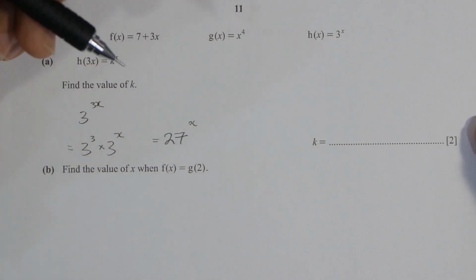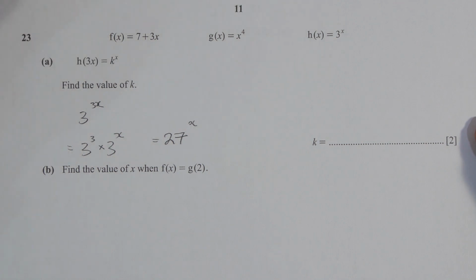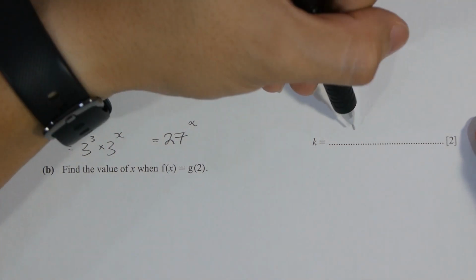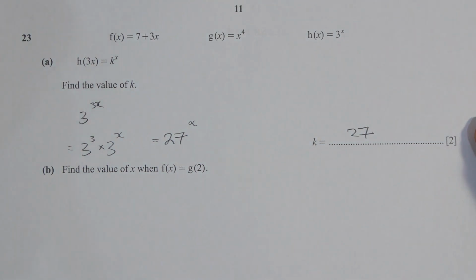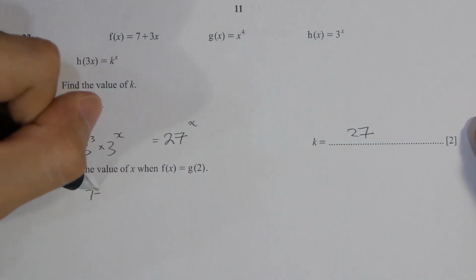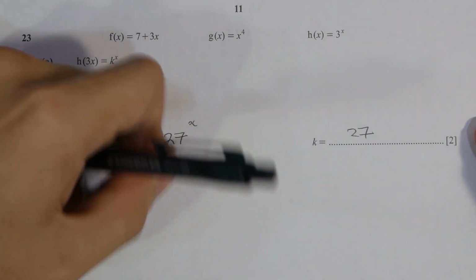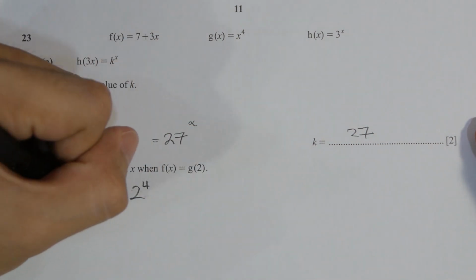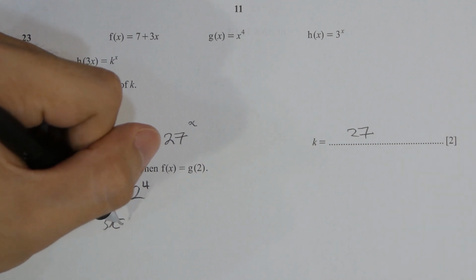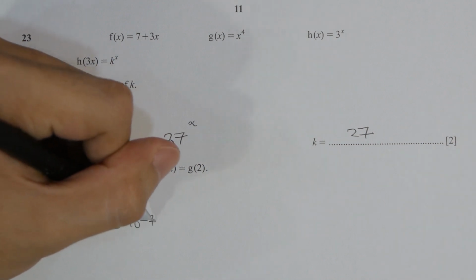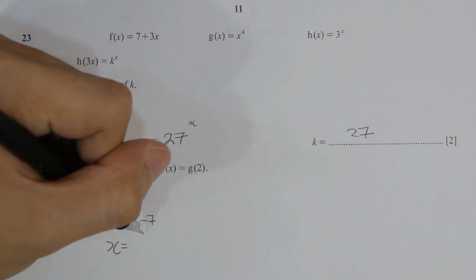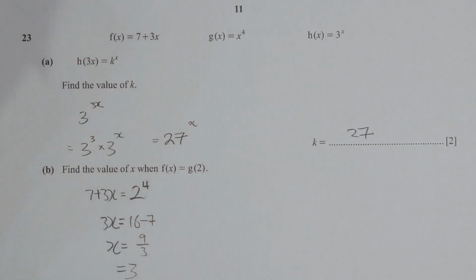So k's value will be 27. Whereas for part B, your f(x) value will be 7 plus 3x, and your g bracket 2 value will be 2 to the power of 4. After the calculation, you will get the x result as 3.